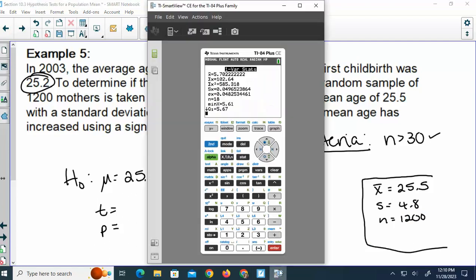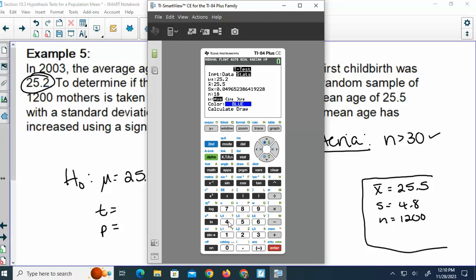Okay, so if we go stat, tests, number 2. This time we're basing it off stats. I don't have the 1200 results, I have this data. The mean of the null, 25.2. X bar, 25.5.